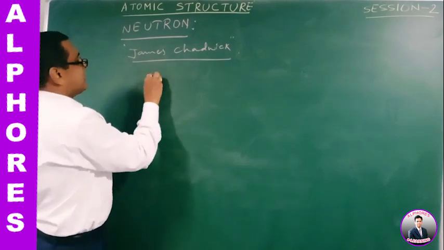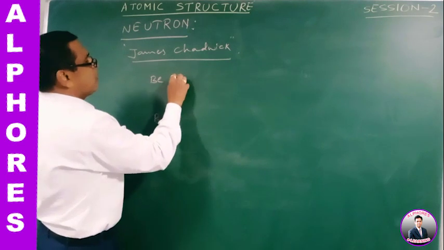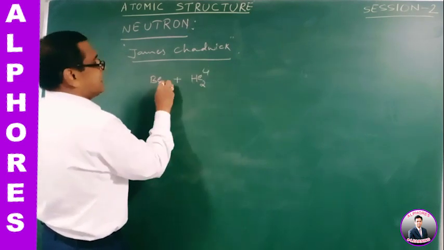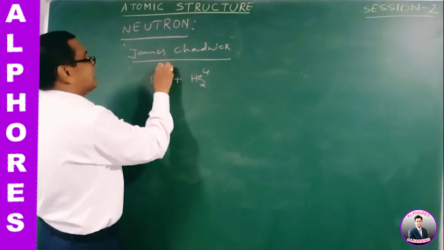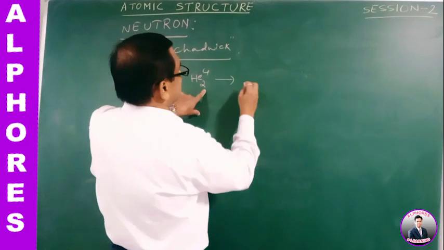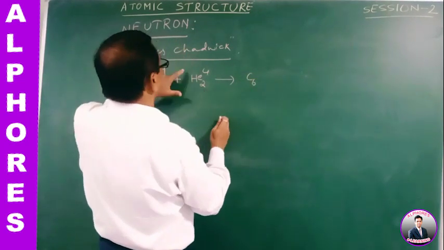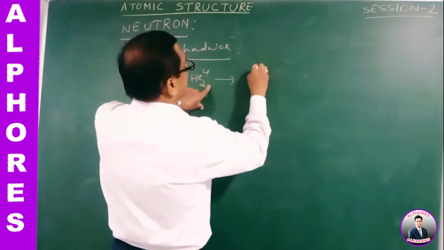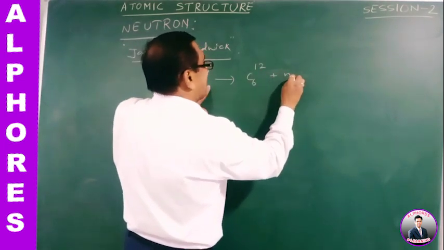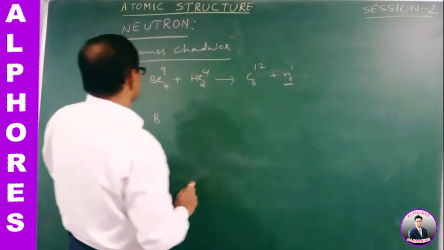So when a beryllium nuclide is bombarded with an alpha particle, it produces a new product element, carbon-12, and the ejectile particle has zero charge and one unit of mass, that is a neutron.